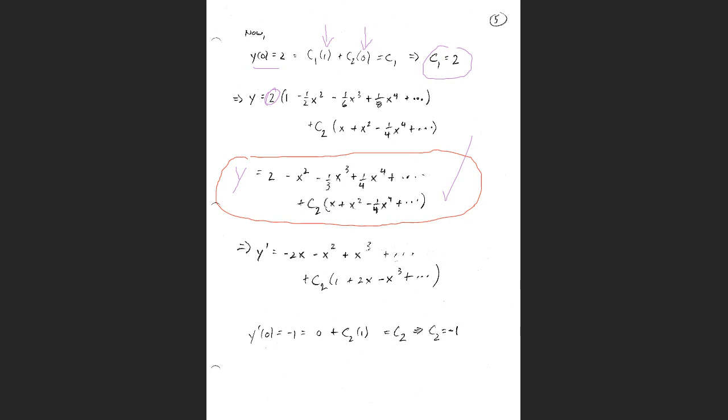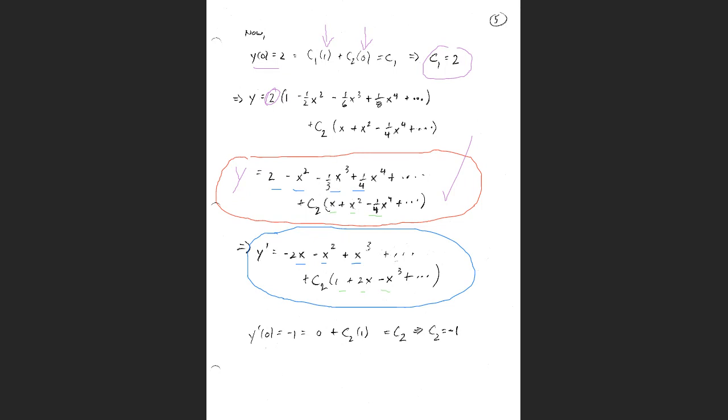The derivative of 2 minus x squared minus a third x cubed plus a fourth x to the fourth is negative 2x minus x squared plus x cubed. The derivative of x plus x squared minus a fourth x to the fourth is 1 plus 2x minus x cubed.